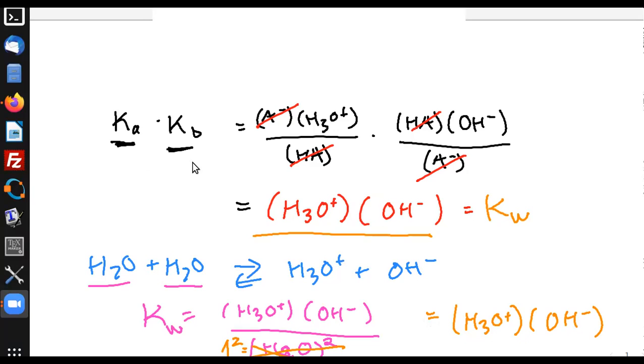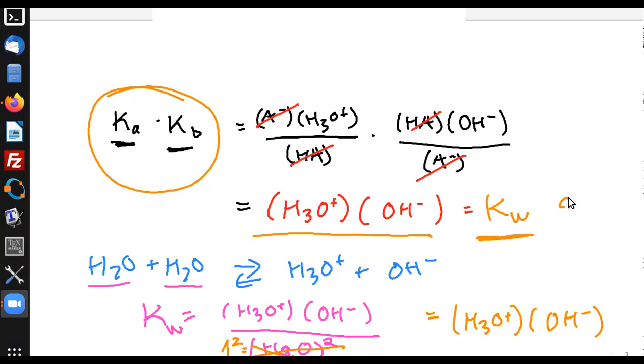So we can take the arrangement that the acidity constant for an acid in water and the base constant for a base dissociated in water are related with this water constant.